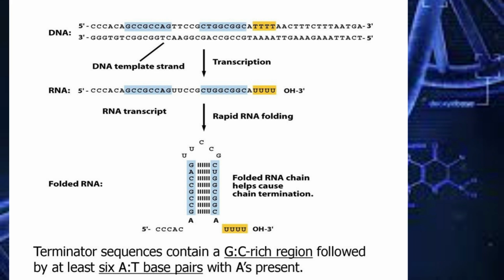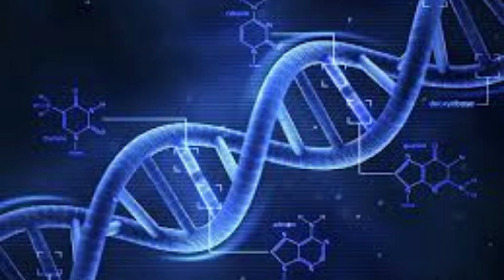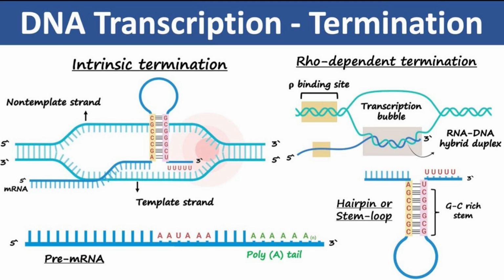So it is there in the DNA, and also in the transcript we also find a terminator there. Now, termination being the end, it happens in two ways. So we have the intrinsic termination, which is in other ways called the Rho-independent, and also the Rho-dependent.